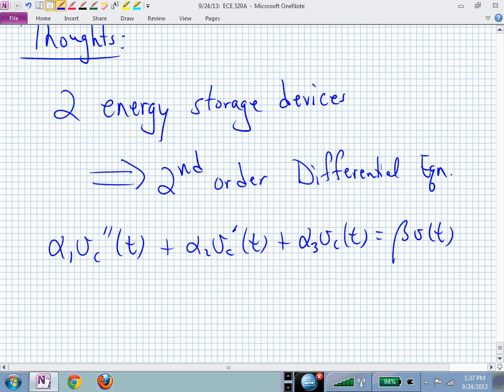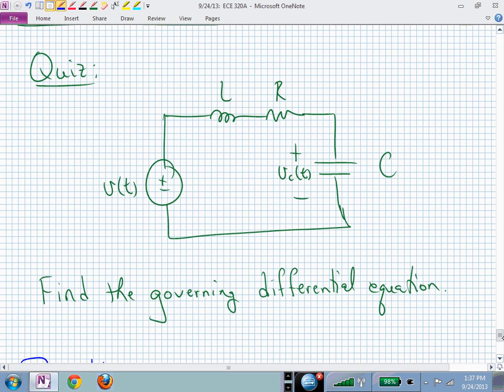That might be a good idea. If you can't get started on the differential equations, at least you can demonstrate, here's what you should see generically, a second order differential equation. And how do I solve a second order differential equation? I'm going to show you for a particular set of alphas and betas. But if we go back here, what are we looking at now?